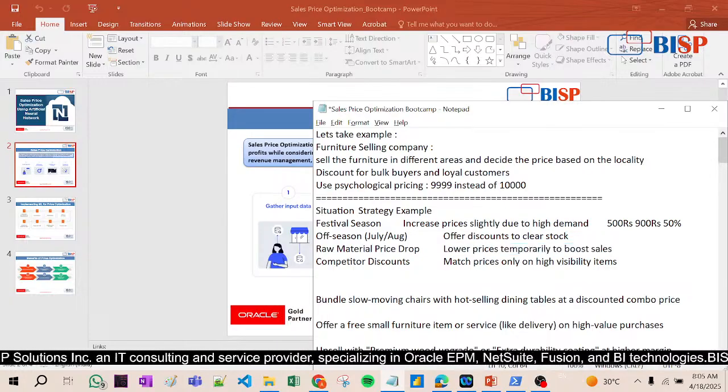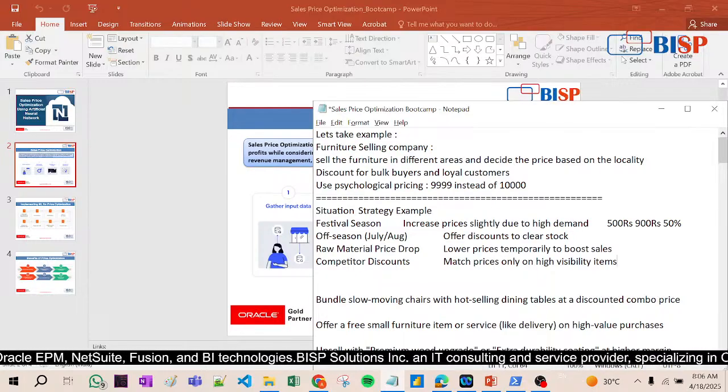That means it is not necessary that you keep the price as it is the whole year. You have to optimize the price based on your competitors also. For example, if your competitor is giving some offers, you have to give some offer.